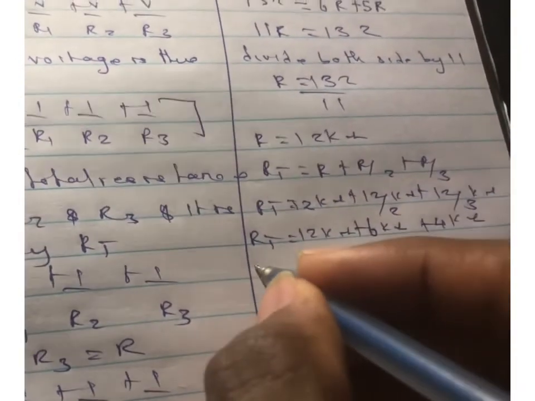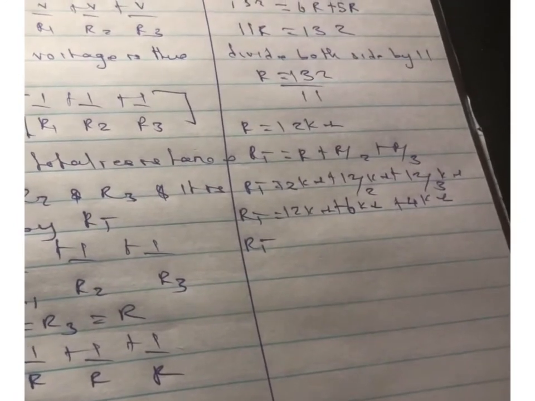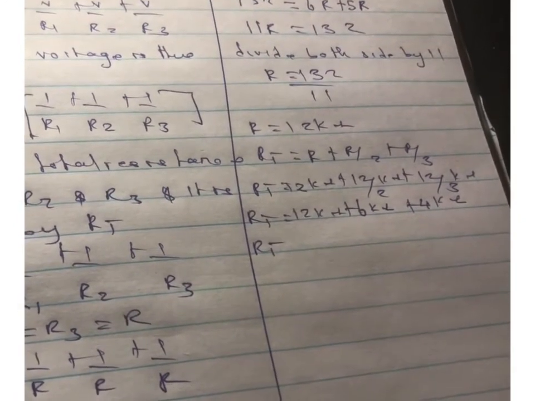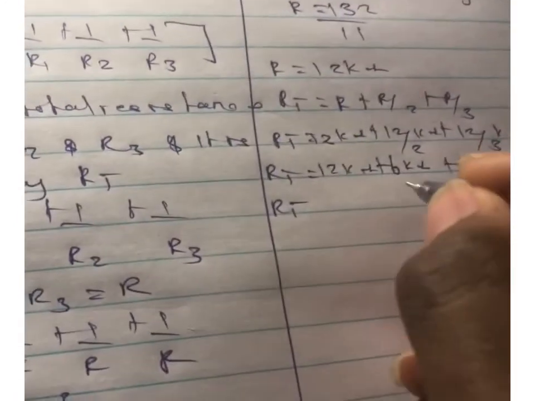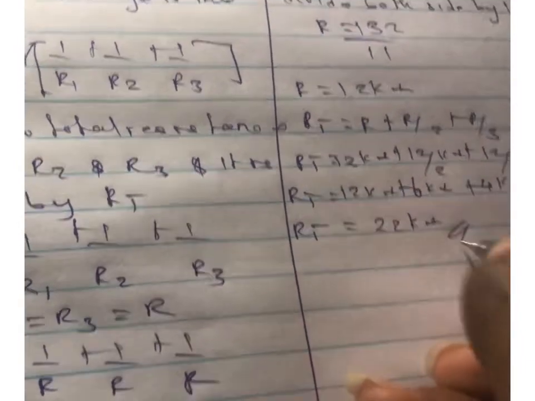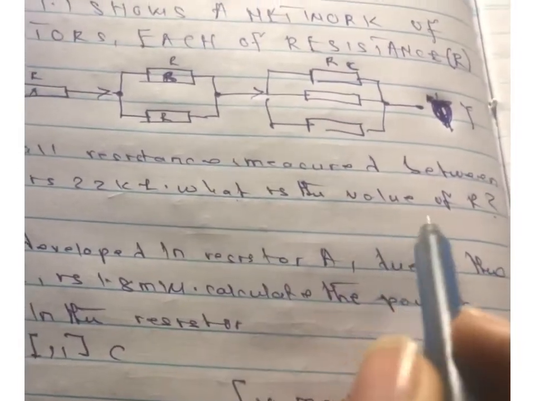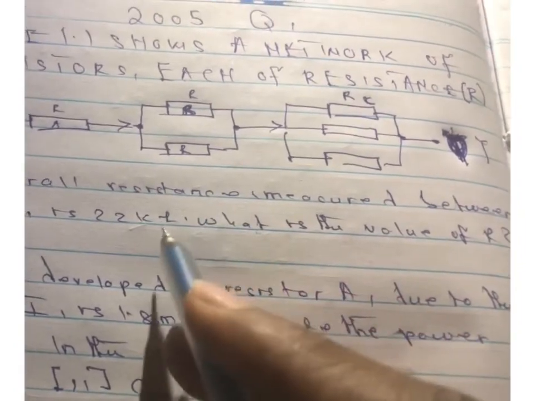So when we take the sum of them, we have the total 22 kilo ohms. So it shows that each of the resistance R is 12 kilo ohms. So we are now done with this first one.